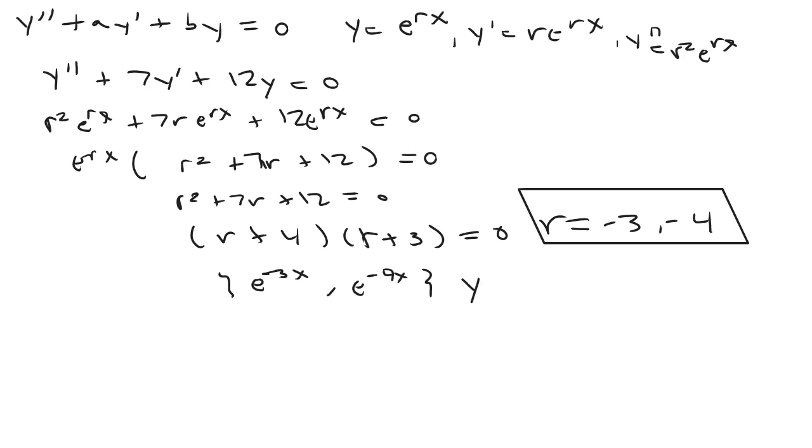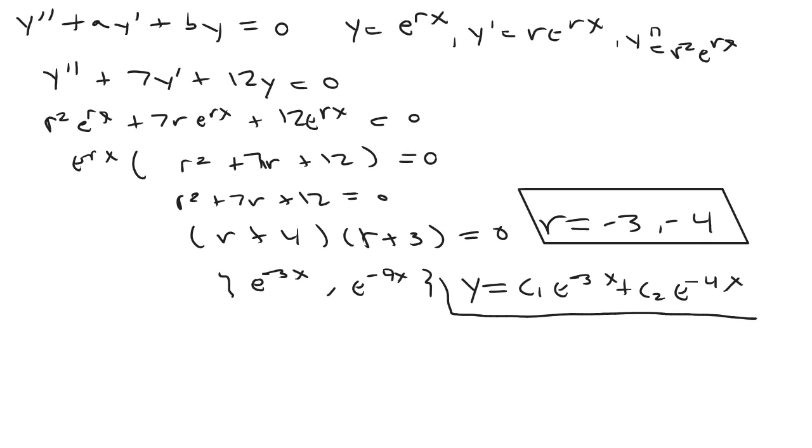So y equals c1 e^(-3x) plus c2 e^(-4x). This would be our general solution, which of course, if we wanted to find a particular solution, we would need initial values. So if we were told, like, what is y of 0 and what is y prime of 0, we could solve these using a little bit of linear algebra.